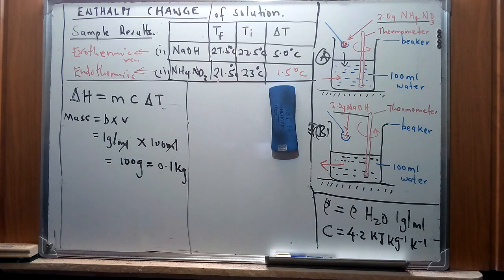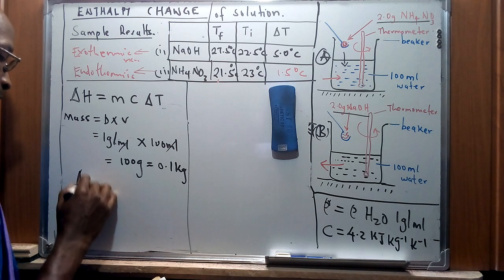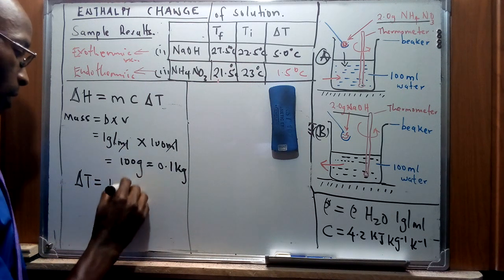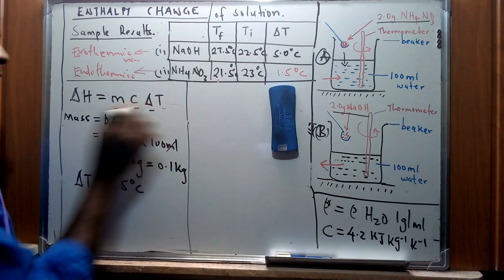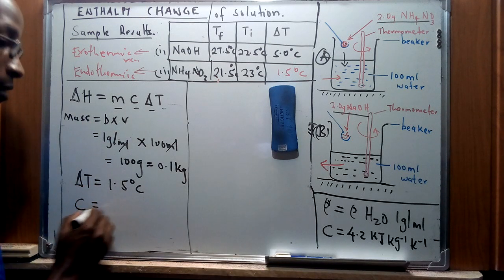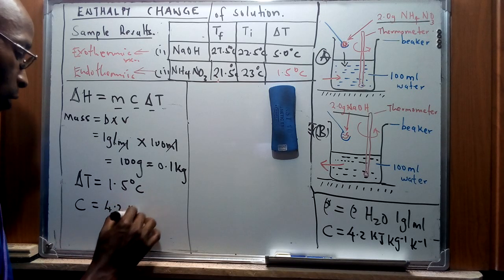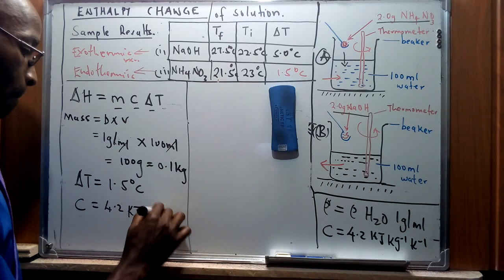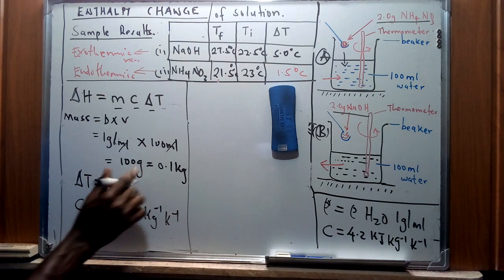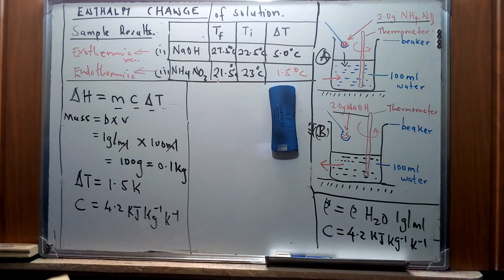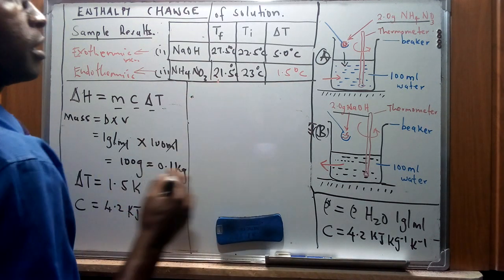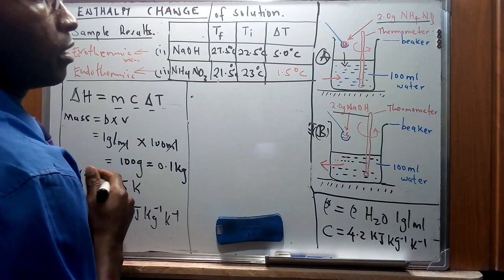So the temperature change for the ammonium nitrate is 1.5 degrees centigrade. We're trying to look at this different aspect of the formula in order to find the solution. We have been given C as 4.2 kilojoules per kilogram per Kelvin. I said that the change in temperature in degrees centigrade is equivalent to the change in kelvins, so that's not going to give us a problem. Now we are just going to do a substitution to see what amount of heat was absorbed from the surrounding into the system.